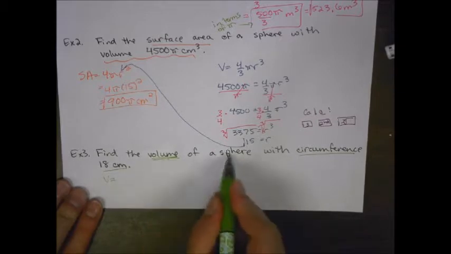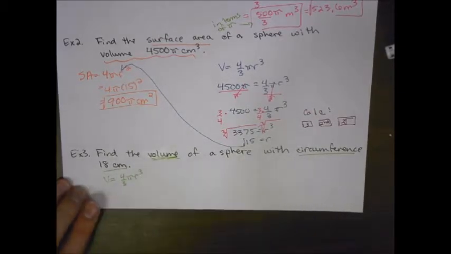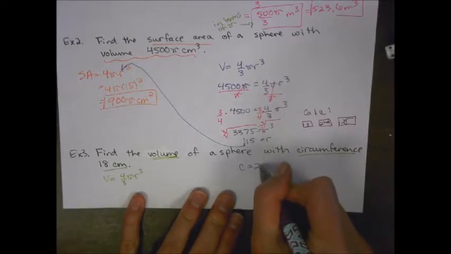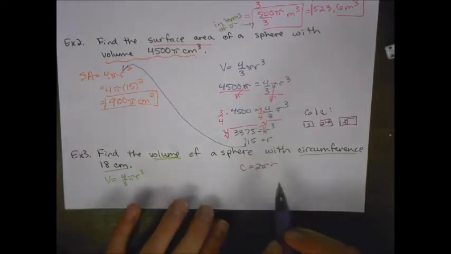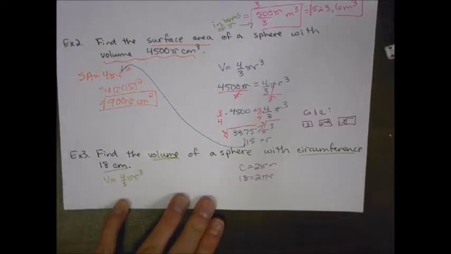Well, volume of a sphere, 4/3 pi r to the third, so I need my radius. They gave us the circumference. Since they gave us the circumference, we can solve for the radius.